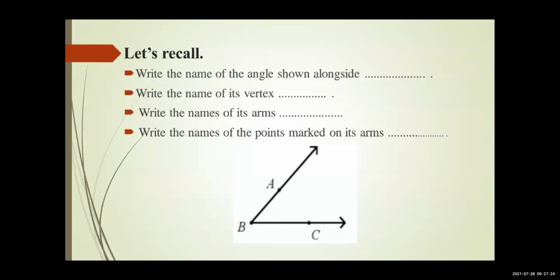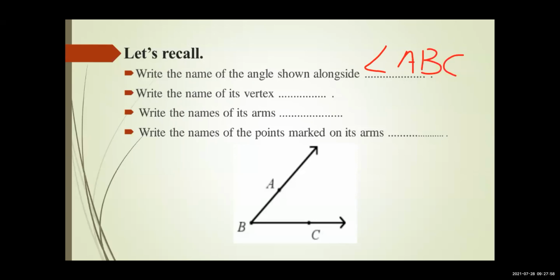It is angle ABC. I know it is an acute angle, but they are asking about the name of the angle. So the name of the angle is angle ABC, and it should be in a capital letter only. It should not be written in a small letter.